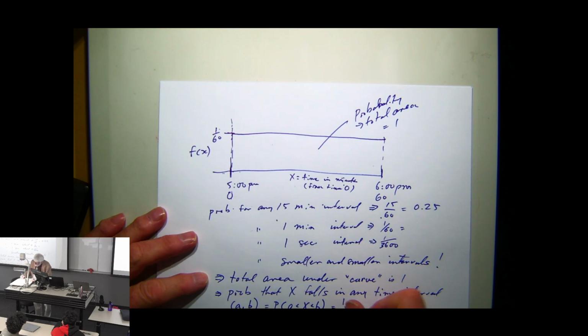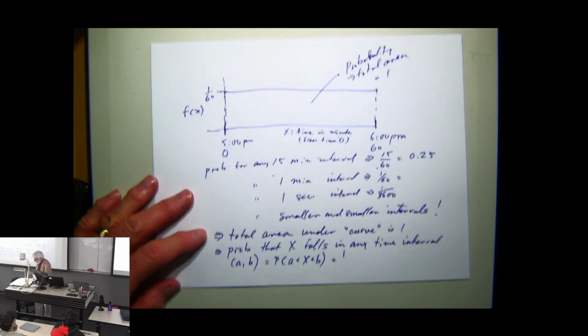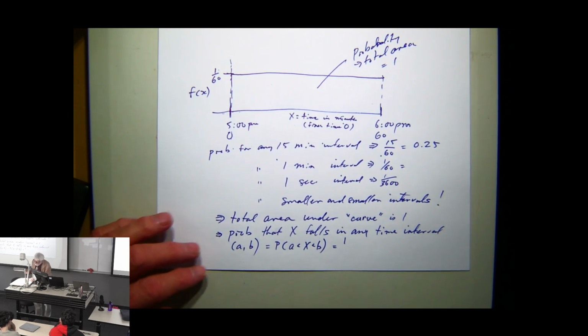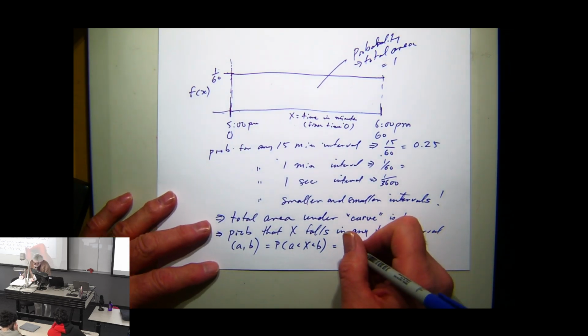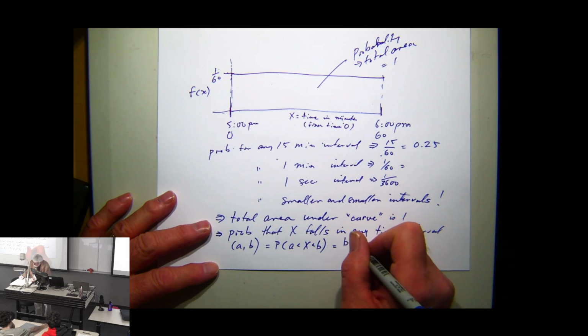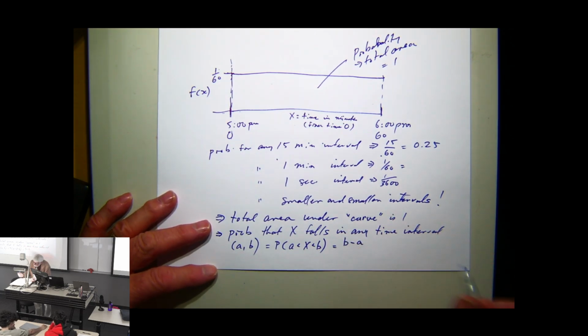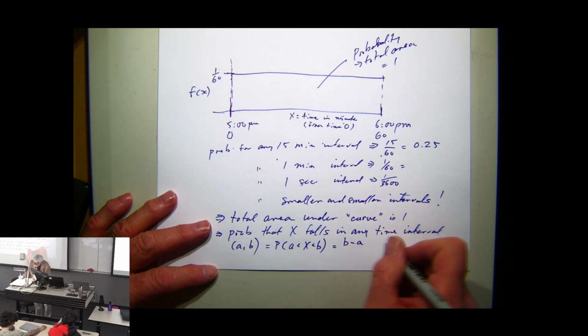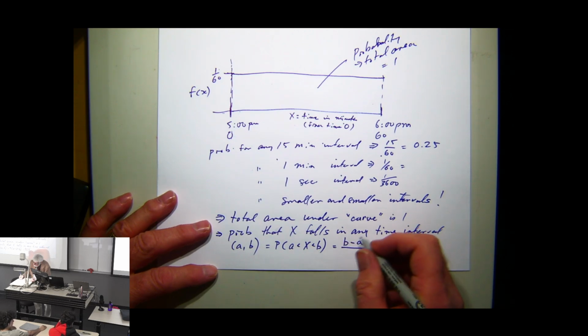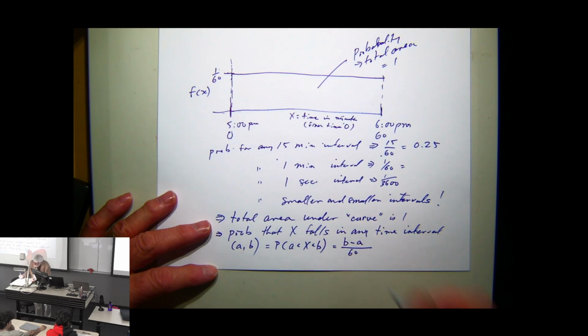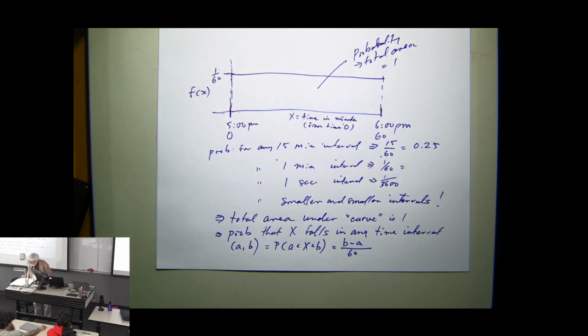That's going to be B minus A divided by 60.